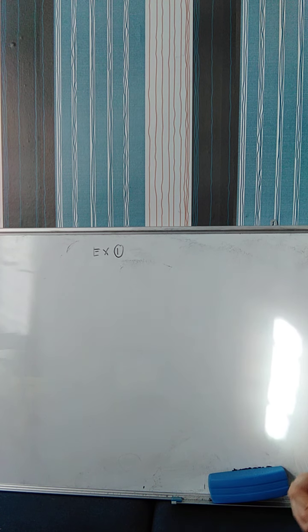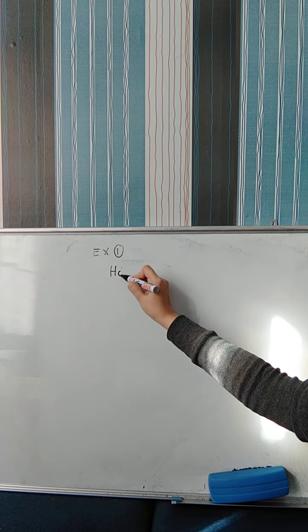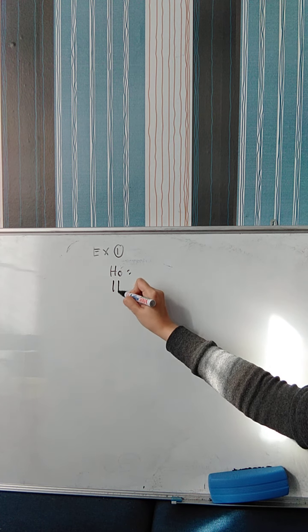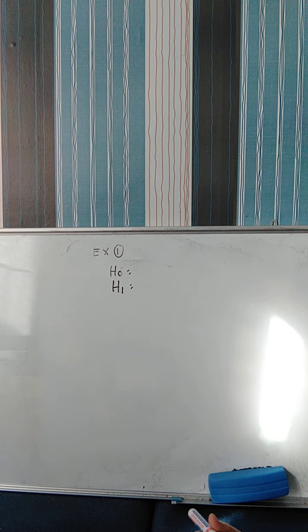Okay, we start to write the hypothesis testing, H null and H1. Using a 0.02 level of significance, we conclude the typical amount spent per customer is more than 20.